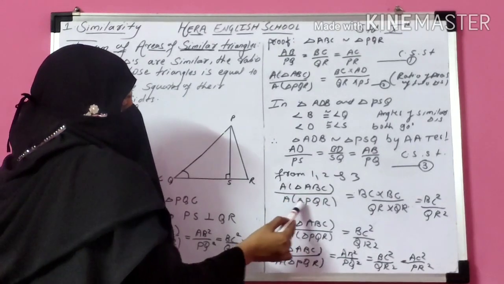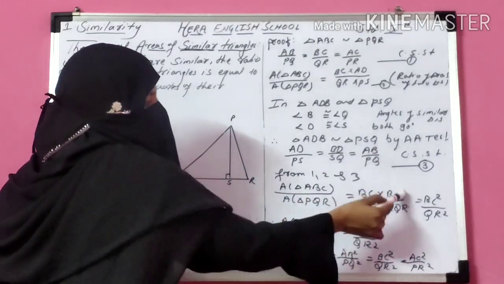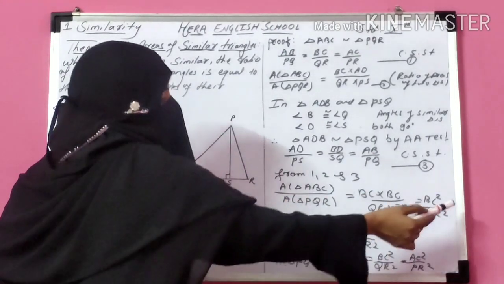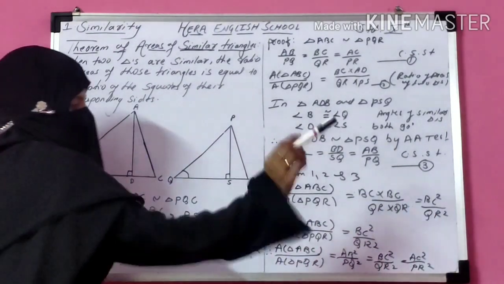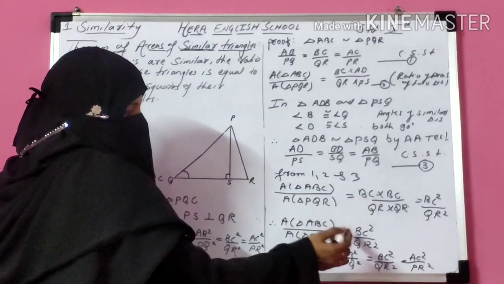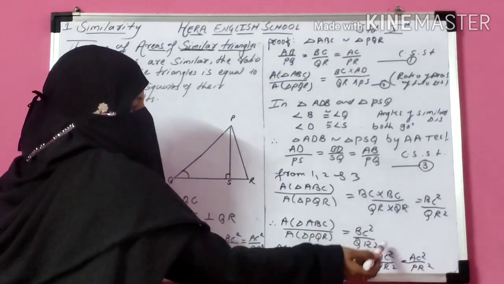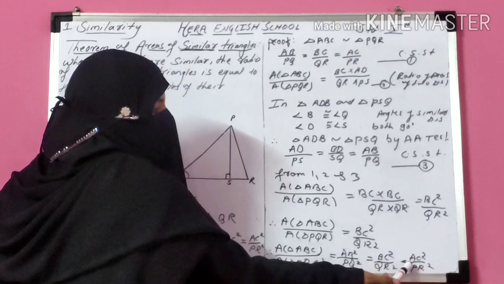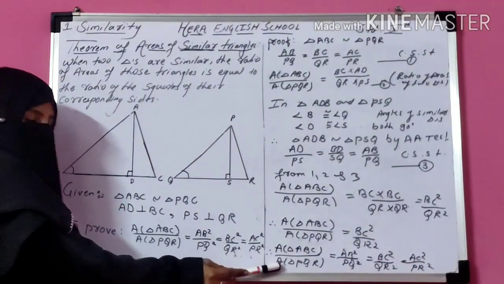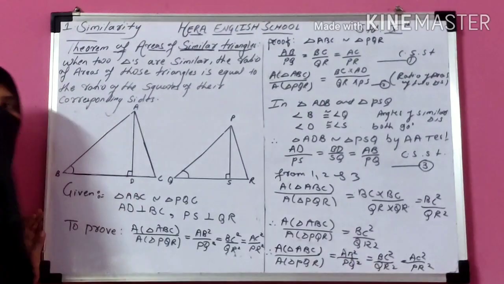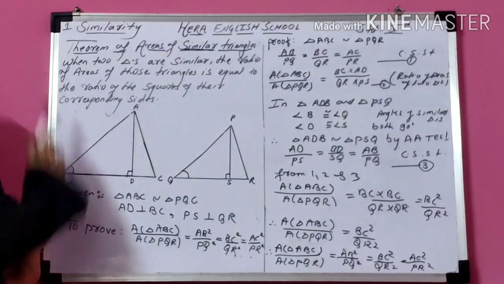Area of triangle ABC upon area of triangle PQR is BC into BC upon QR into QR, that means BC square upon QR square. Similarly, it may be equal to AB square upon PQ square, BC square upon QR square, AC square upon PR square. That means ratio of areas of two similar triangles is proportional to the square of corresponding sides. This is our theorem.